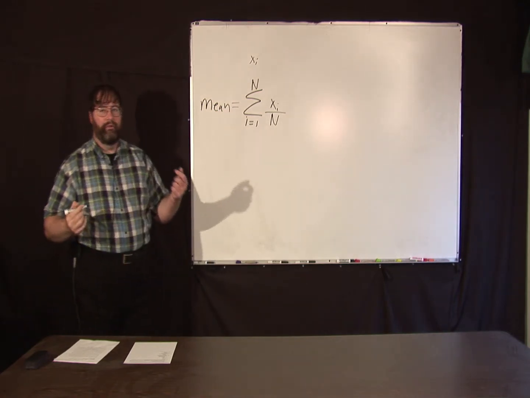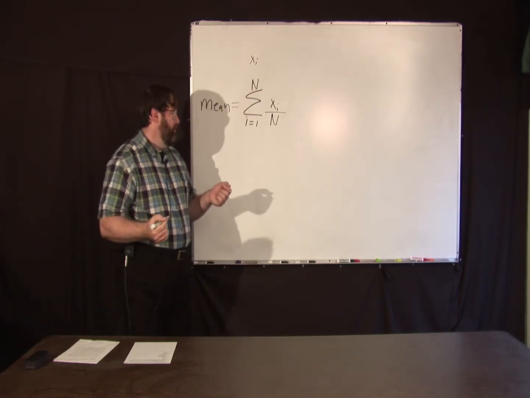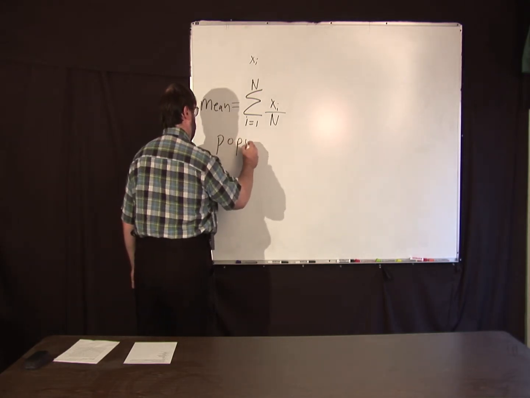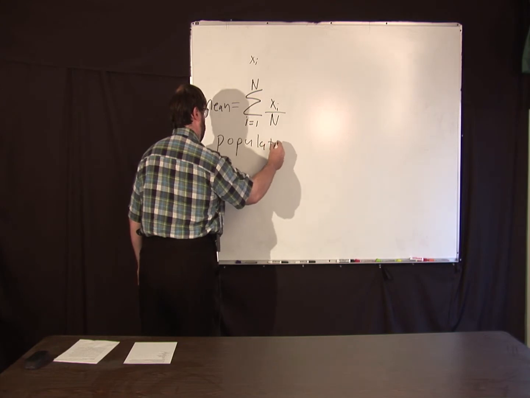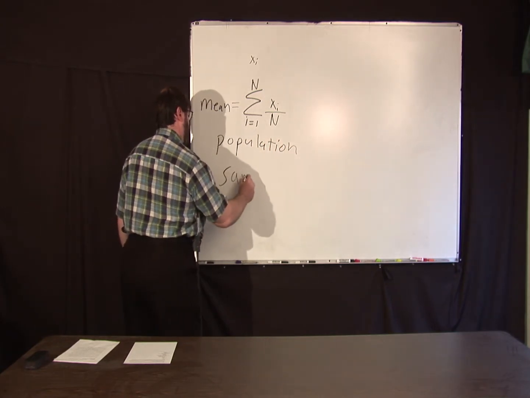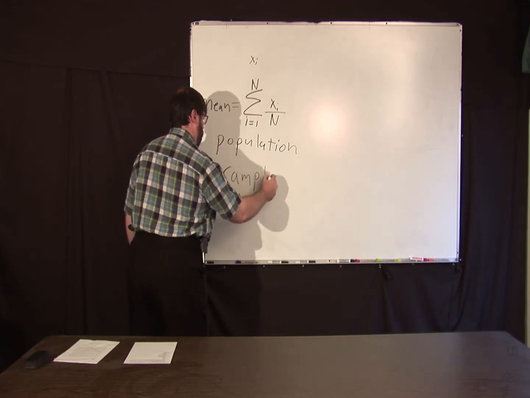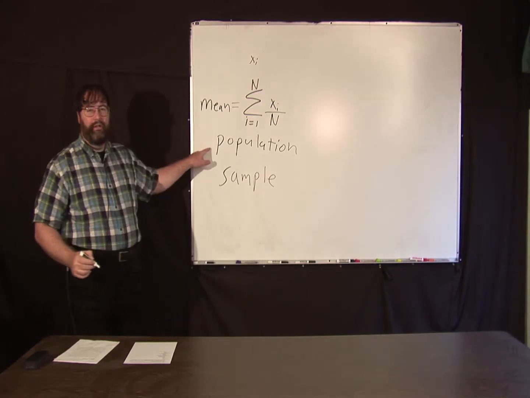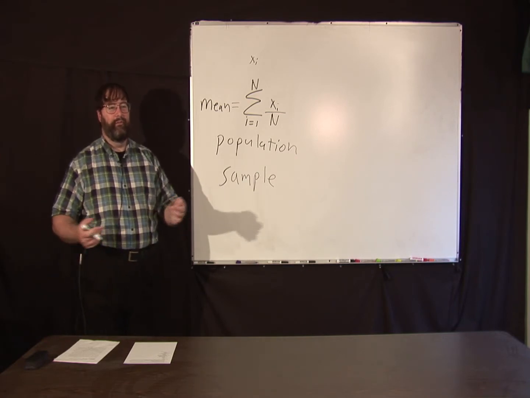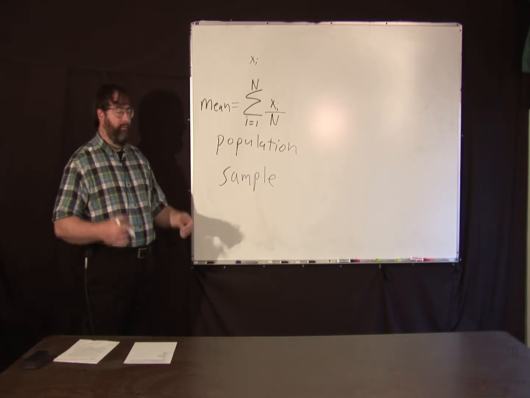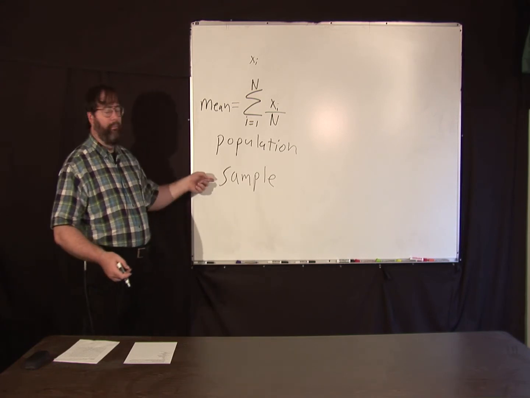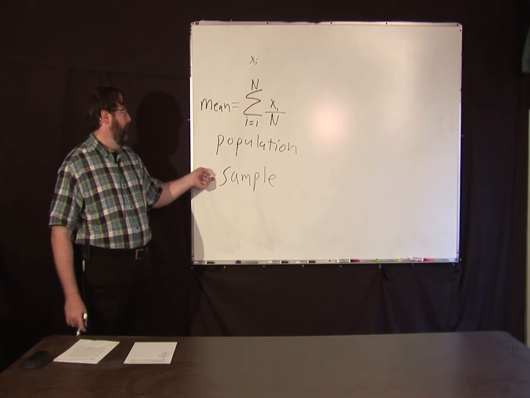Now, there are some terms in statistics that you might hear: population and sample. Population is basically the whole ball of wax, all the data that you could possibly ever get for a given thing you're trying to measure or look at. And a sample is just some part of it.